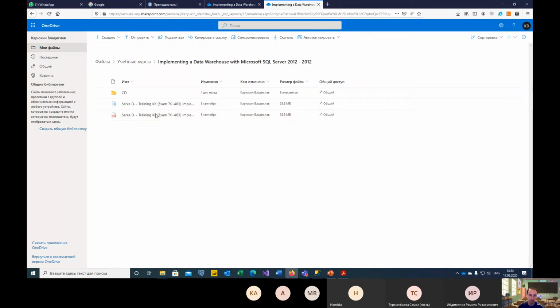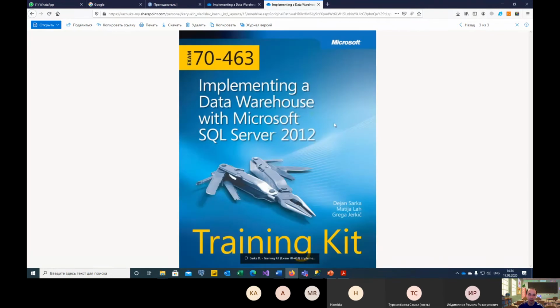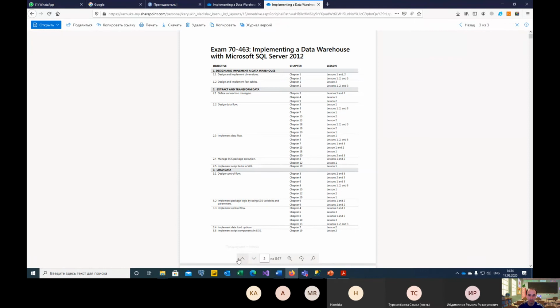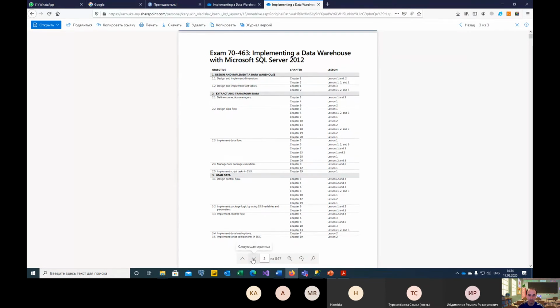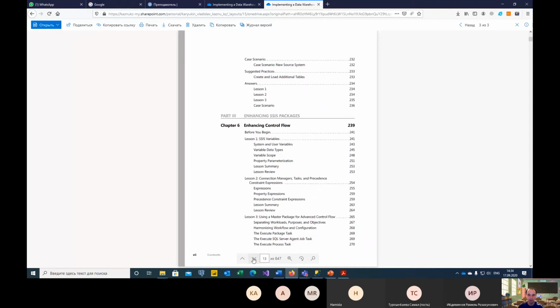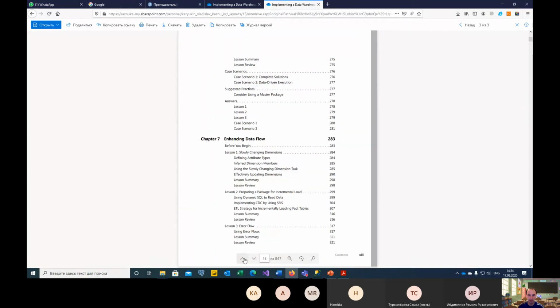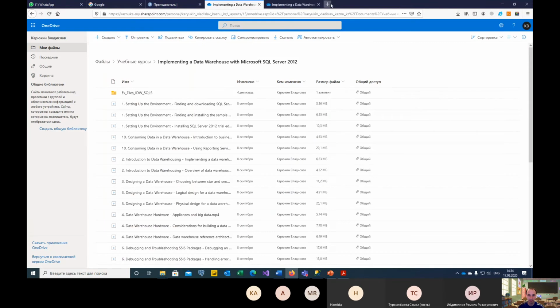You can take a look at this book, read some chapters, and get some ideas of how we work with a data warehouse in Microsoft SQL Server. It's quite long. It describes many features of Microsoft SQL Server, not just analysis services, but also the integration services.